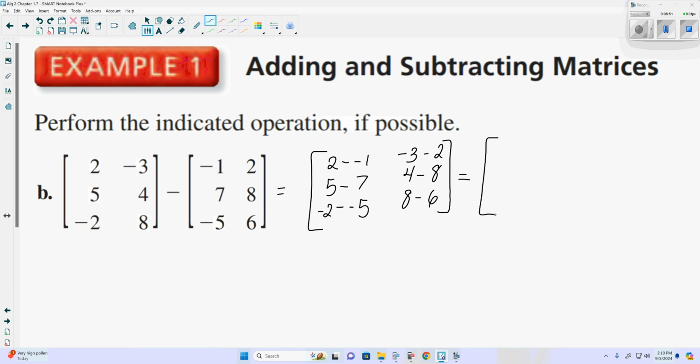Now, as we mentioned a minute ago, our first one, 2 minus negative 1. The negative and negative would make a plus, and 2 plus 1 is 3. We'll just go down. 5 minus 7 is negative 2. Negative 2 minus negative 5, negative and negative make a plus. So negative 2 plus 5 is 3.